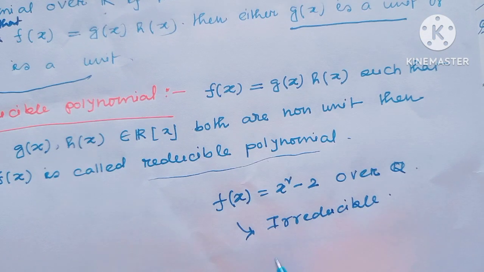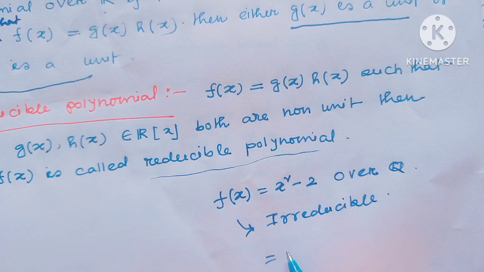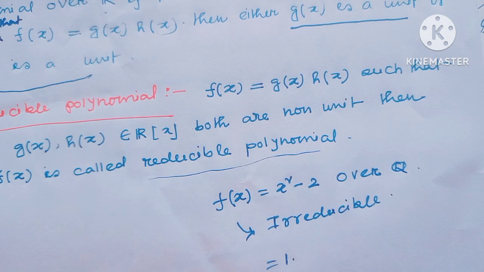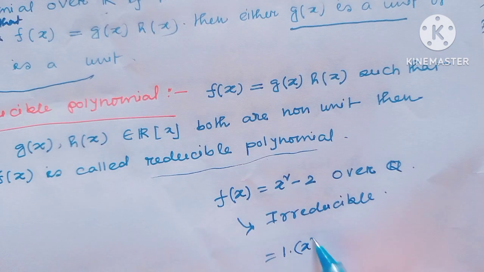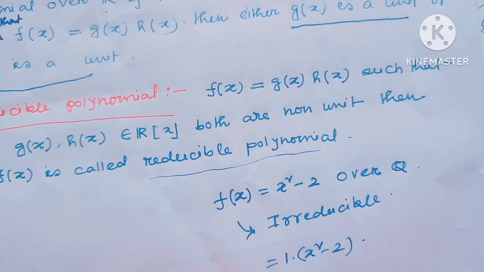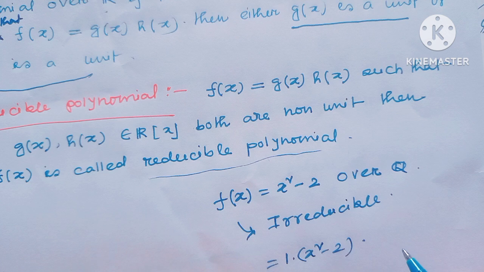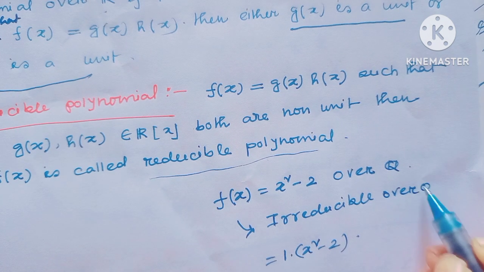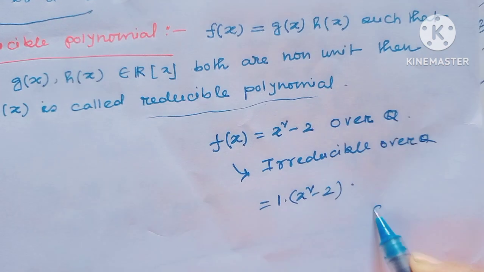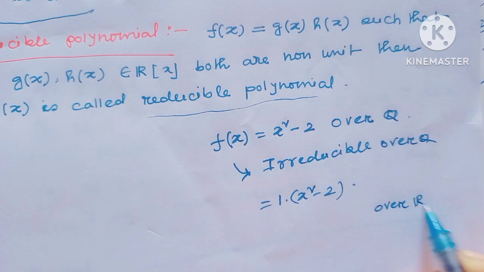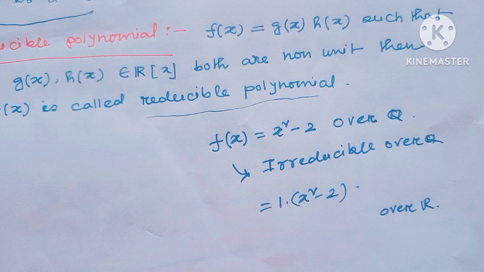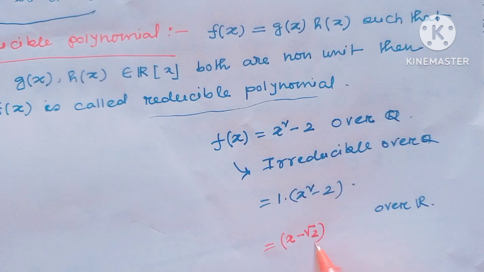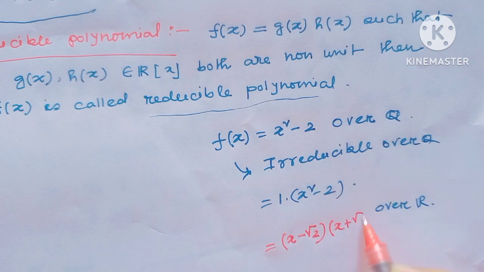Because over Q, we can write this as 1 times x square minus 2. Here 1 is the unit element over Q. So this is an irreducible polynomial over Q. But over R, we can write this f(x) as x minus square root of 2 times x plus square root of 2.